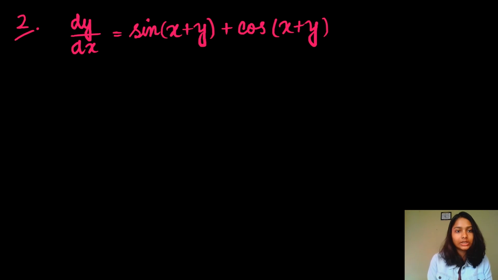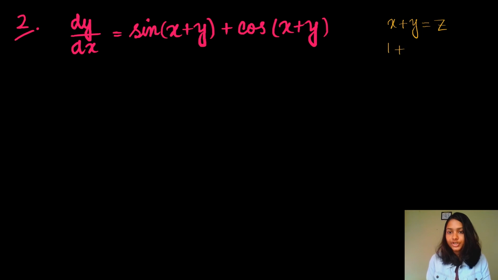We have this one here. So again, there is sine of x plus y and cos of x plus y. So we are going to substitute the linear term. So here the linear function is x plus y. So we can substitute it as z.